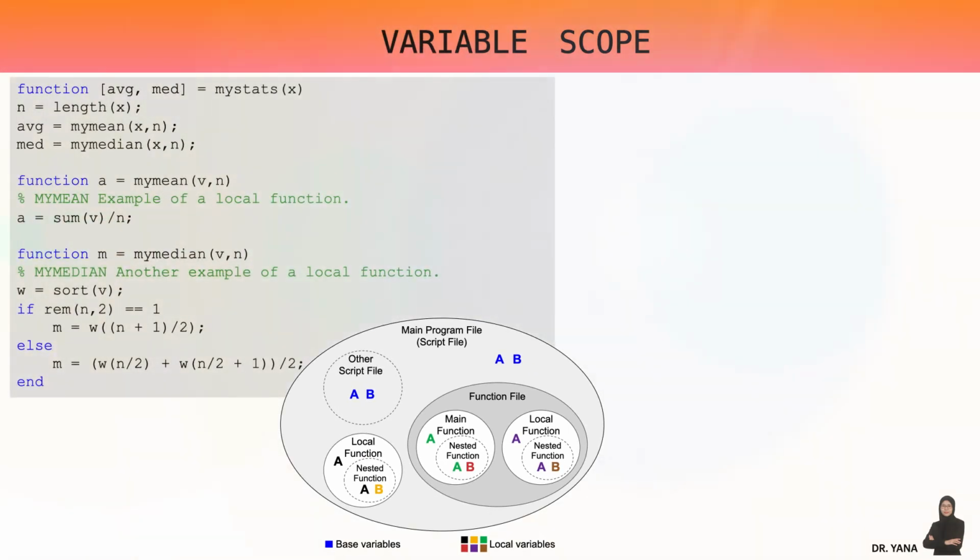Let's say you have this MyStat function. In this MyStat function, the input is x and the outputs are the average and median. Inside the MyStat function, you have two local functions, which are myMean function and myMedian function.